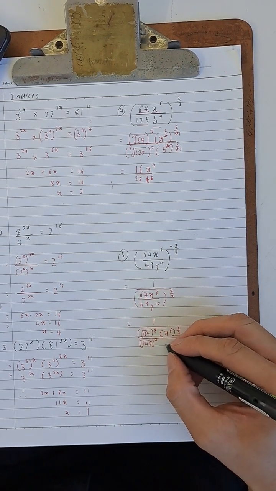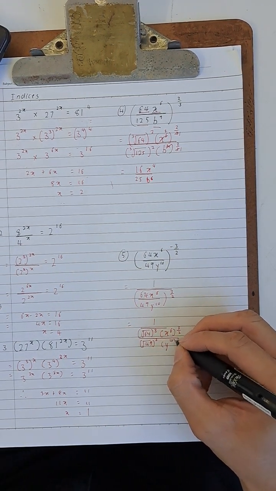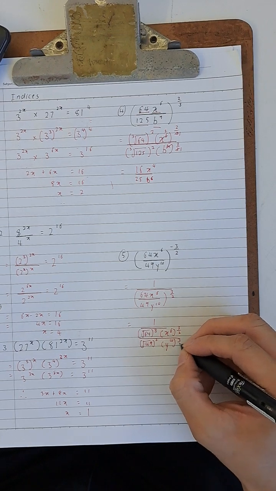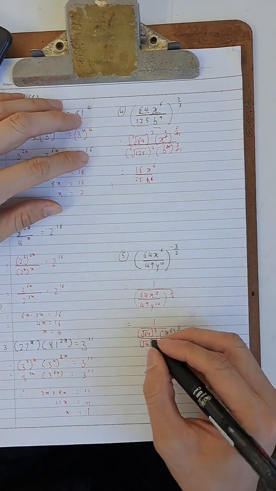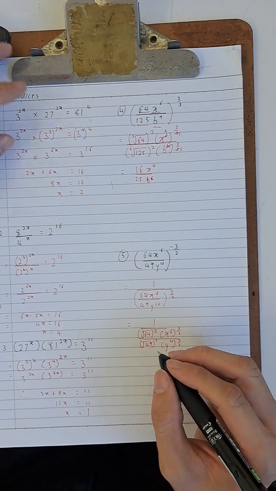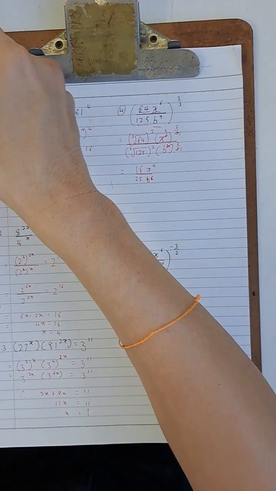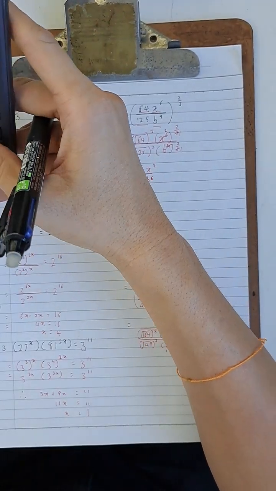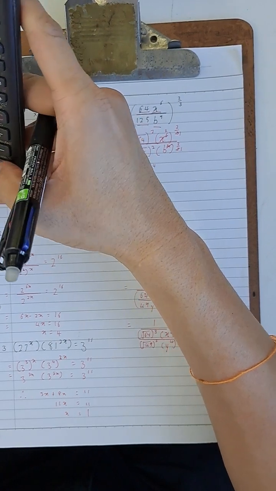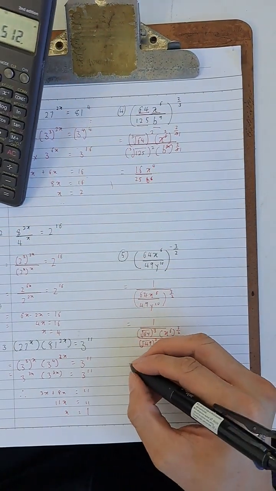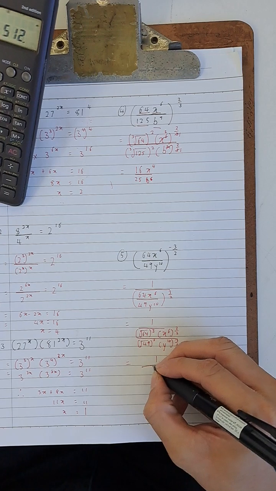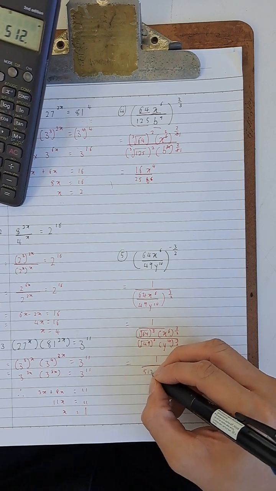And then finally y to the power of 10 to the power of 3 over 2. Okay? Now, square root of 64, that will give me 8. 8 to the power of 3, that will give me 512. So we can write here 1 over 512.